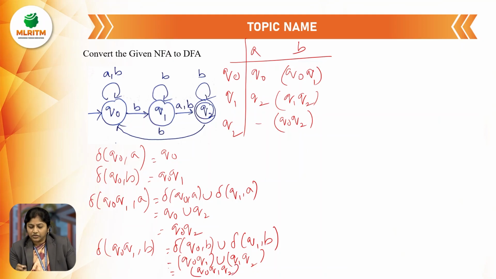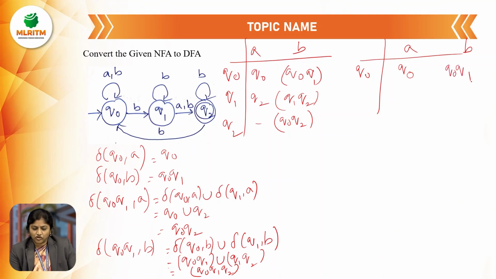Simultaneously I'll write the transition table here, with A, B. The initial state is Q0. Q0 on A, what we got is Q0, and Q0 on B is Q0, Q1. So the new state we got is Q0, Q1. Whatever new state we get, we derive for that.